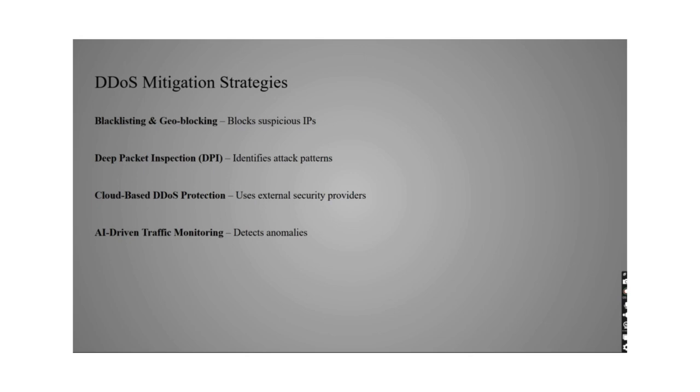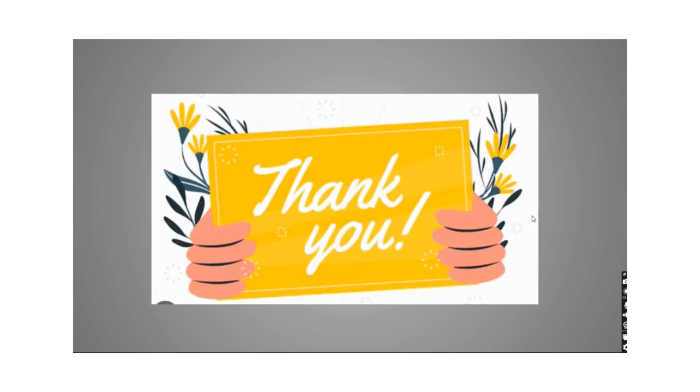Now, talking about a case study, the very renowned Mirai botnet attack, which occurred in October 2016. It infected thousands of IoT devices like cameras and routers, using them to launch a massive DDoS attack on a major DNS provider.